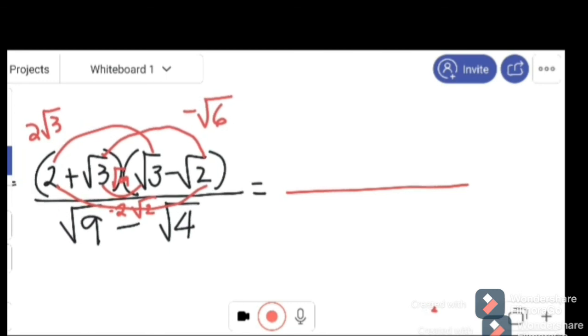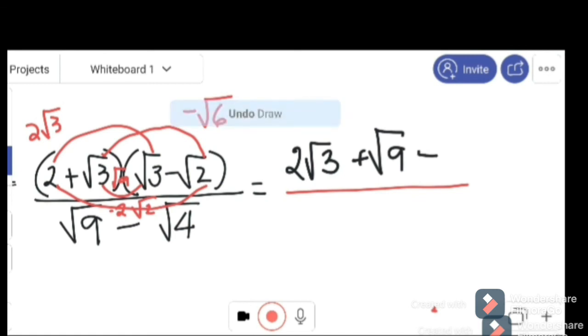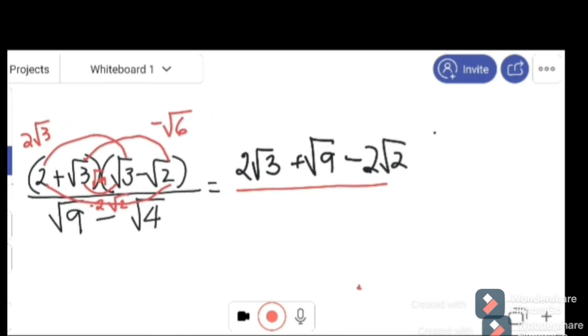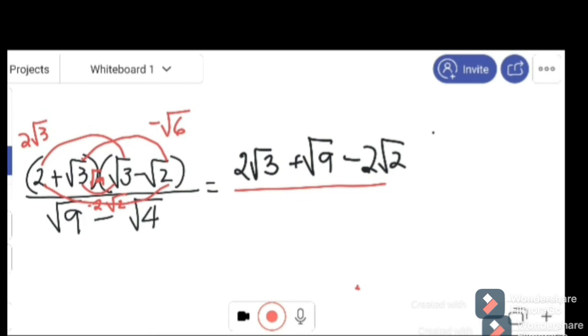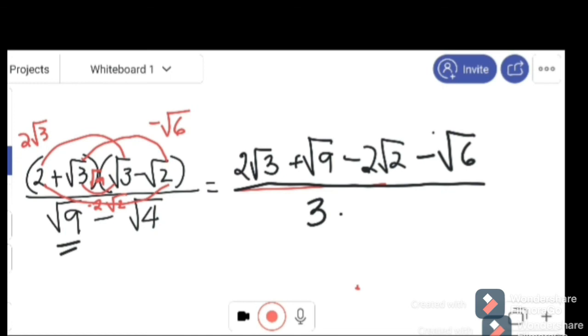You've learned this during grade 7 and grade 8. Rewrite 2 square root of 3. And then we have the inner, positive square root of 9, and then the outer, negative 2 square root of 2, and the last, we have negative square root of 6. In the denominator, the square root of 9 is 3 minus the square root of 4 is 2.